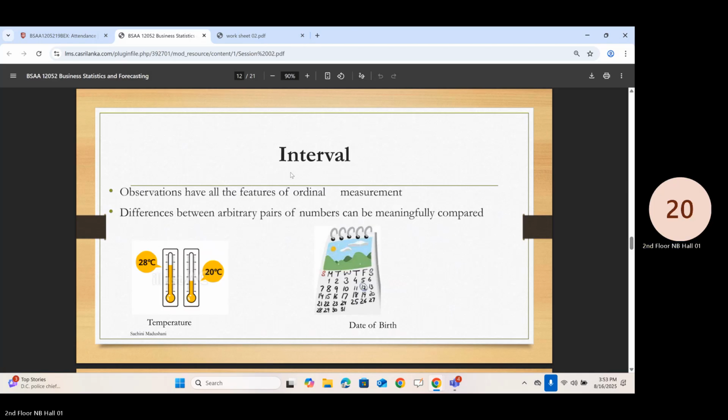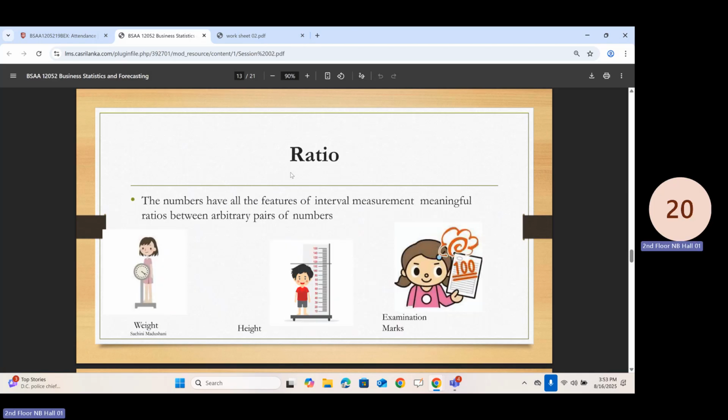Okay. Then we move to the last level of measurement, ratio. This is the last one. This is the highest level of measurement. It means the ratio scale variable carries the most information. It consists of all the features of the interval scale, except one.